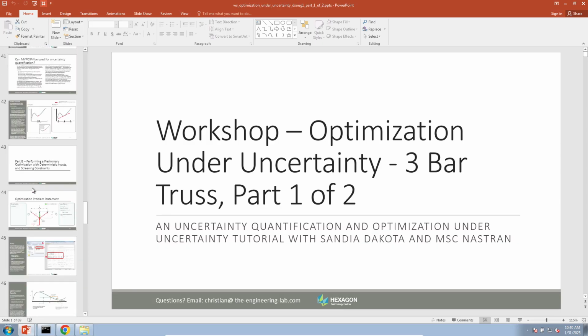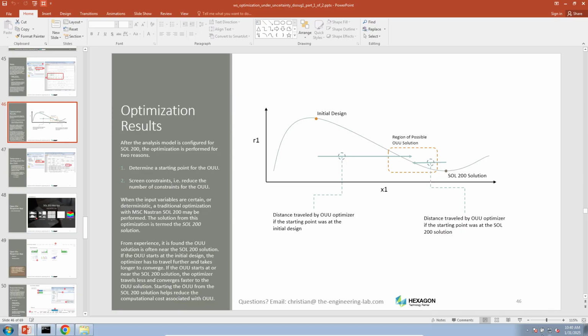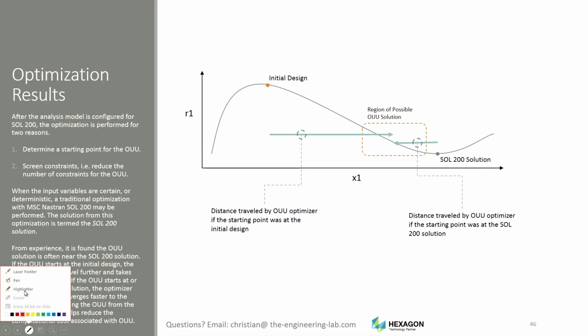There is an ideal location where you want to start the optimizer. So here, let's suppose you start your OUU at the initial design, this red box. The optimizer will try to minimize the objective function like you see here, and it'll eventually hit the OUU solution, which is currently unknown to us.